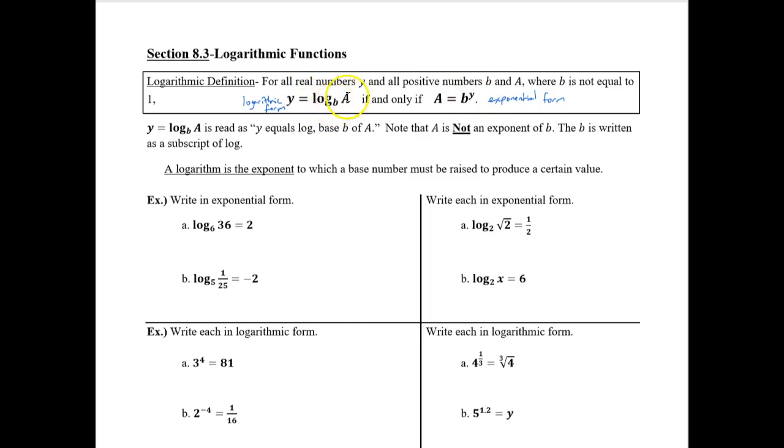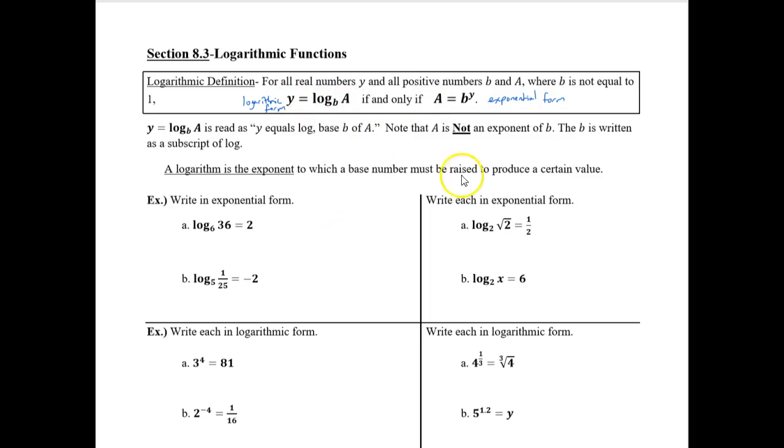So log base b of a equals an exponent. Logs equal exponents. In fact, a log is the exponent to which a base number must be raised to produce a certain value. So essentially it's saying, what exponent do I need to put with this base to get this value? Logs equal exponents. I'm going to say that a lot.